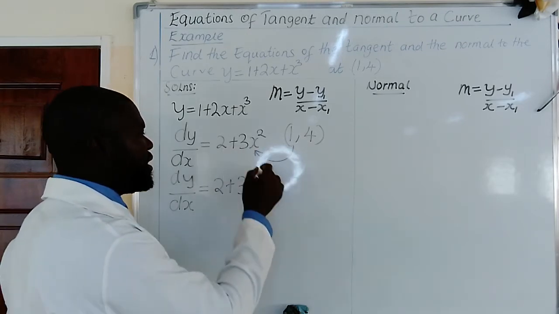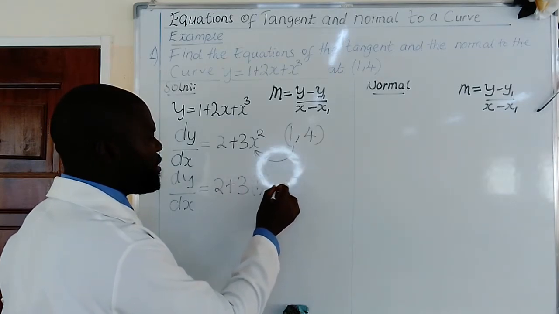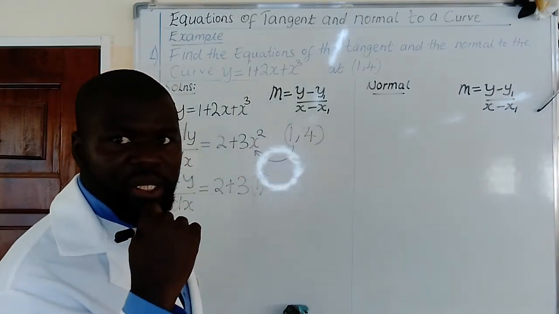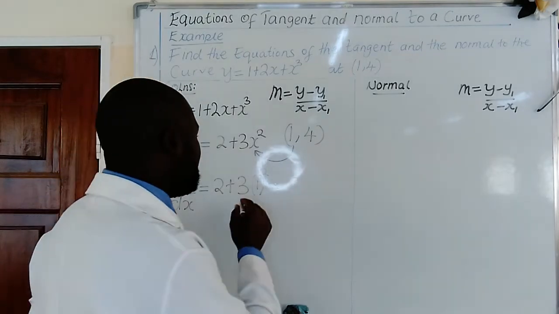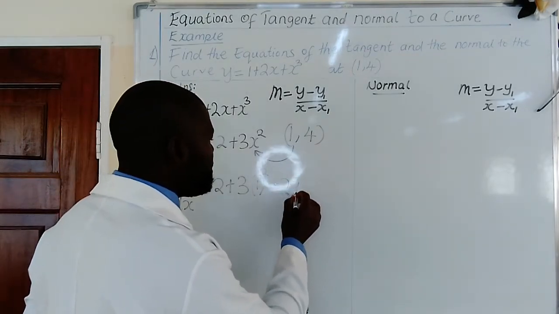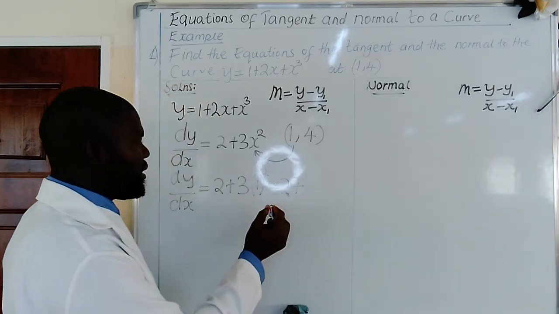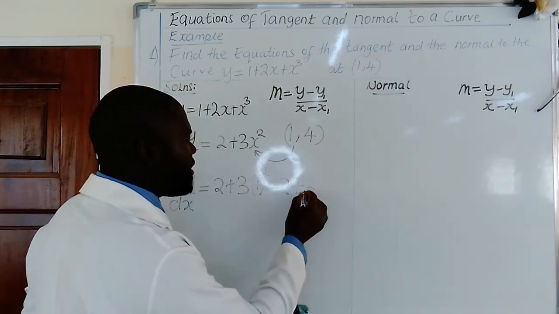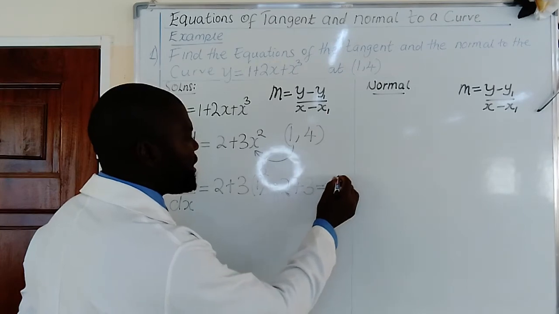We substitute for x, we put a 1, so that our dy dx will be 2 plus 3, which will give us 5.